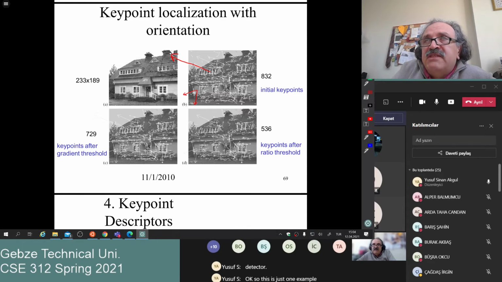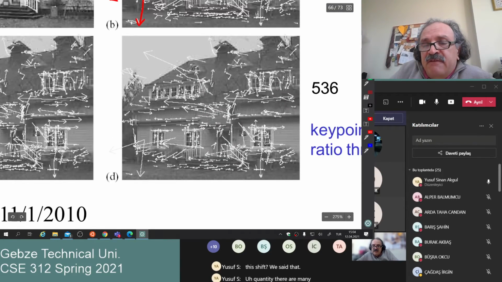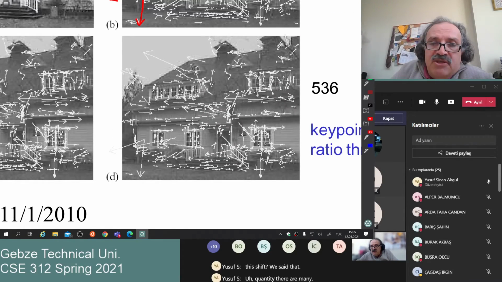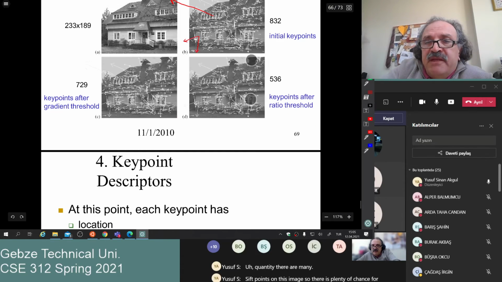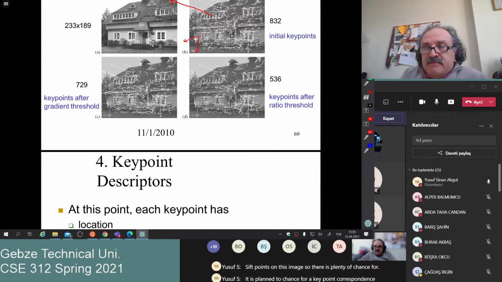So what did we say about the SIFT? We said that there are many SIFT points on this image, so there is plenty of chance for key point correspondence between images.